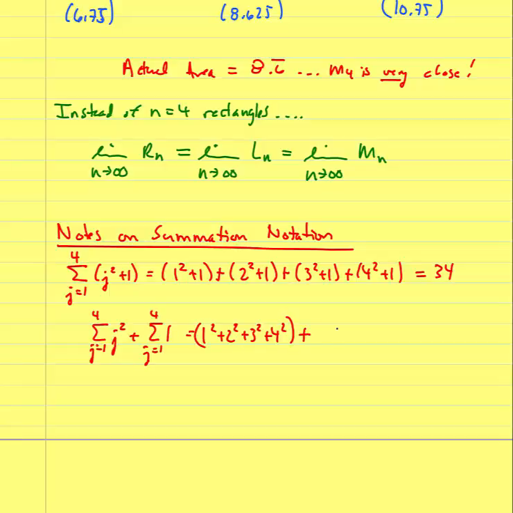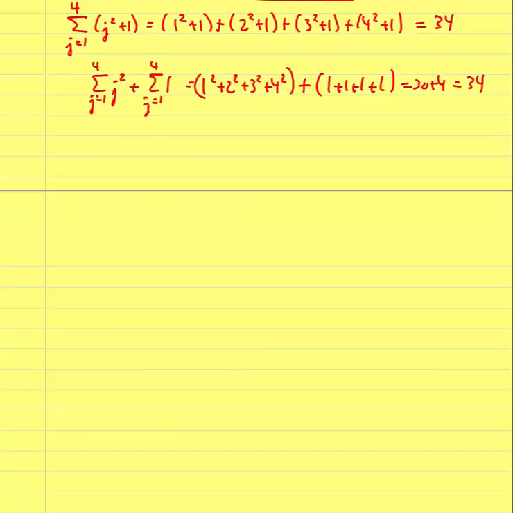But what is this? There is no j here. So what this looks like is 1 plus 1 plus 1 plus 1. This index doesn't change. It's a 1 every time. So if I'm adding these up, I get 16 plus 9, 25 plus 4 is 29 plus 1 is 30. So this is 30 plus 4, or 34. Okay, so again, you can separate that across addition or subtraction, but never multiplication and division.